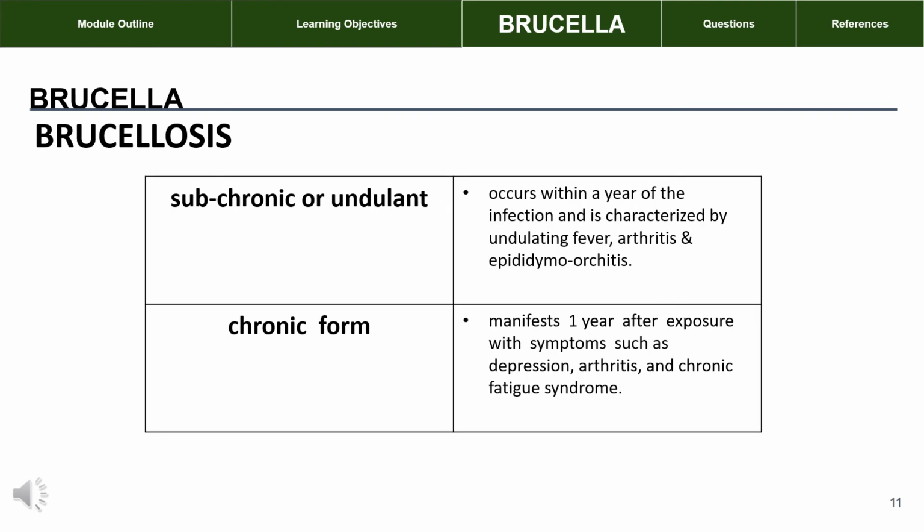What you have to remember for the subchronic or undulant form is that it occurs within a year of the infection and is characterized by undulating fever. It also shows arthritis and epididymo-orchitis. While the chronic form manifests 1 year after exposure with symptoms such as depression, arthritis, and chronic fatigue syndrome.